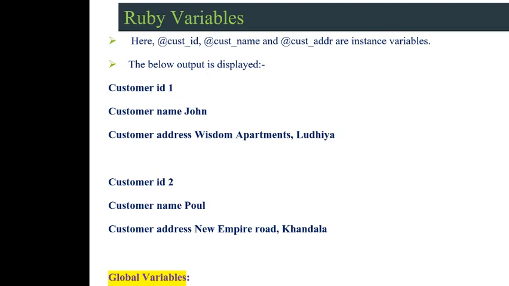It begins with a dollar symbol. Again, all the variables are initialized by default with a value of nil or nothing. Now here it says it is not recommended to use global variables, so you don't want to use it everywhere. Use it only when you need it. That's the whole point.